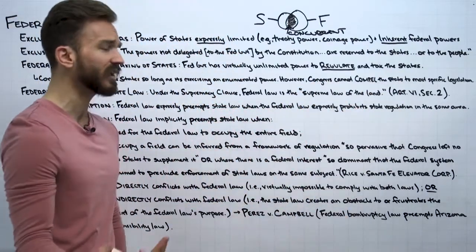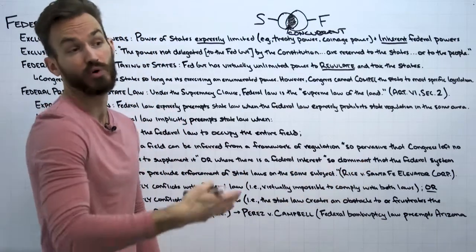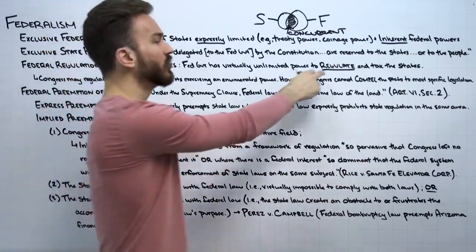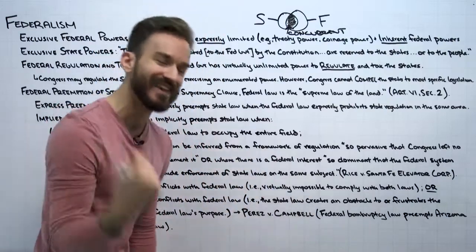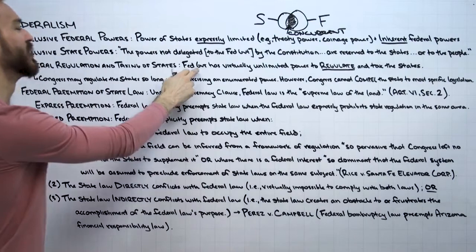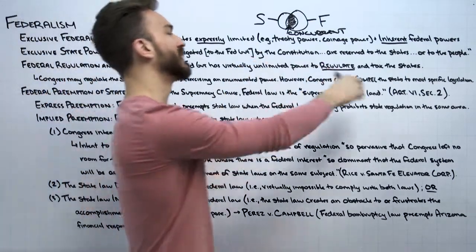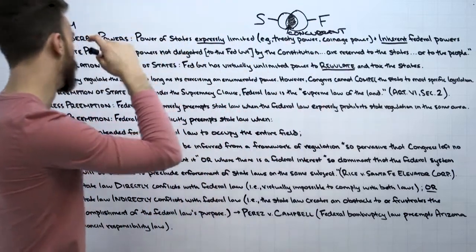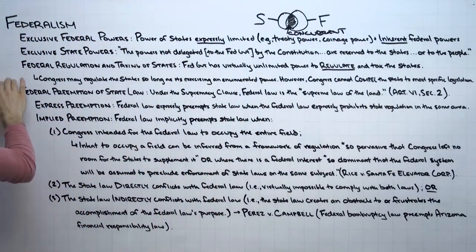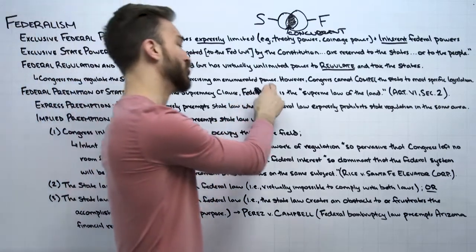This would include things like encouraging state action by conditioning federal funding. Kind of a tongue twister there. Sorry about that, guys. But federal government does have virtually unlimited power to regulate and tax the states, right? The main thing that we're thinking about here is remember that Congress can do this so long as it's exercising an enumerated power.